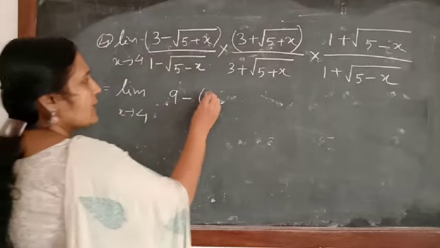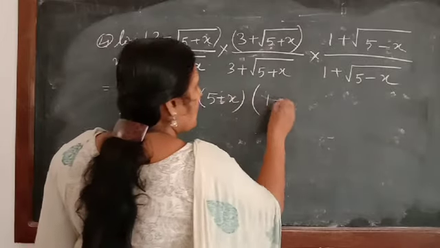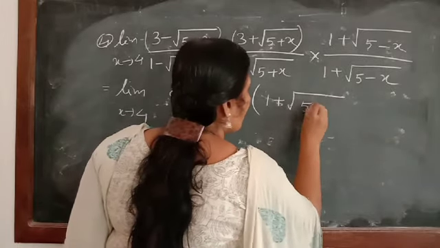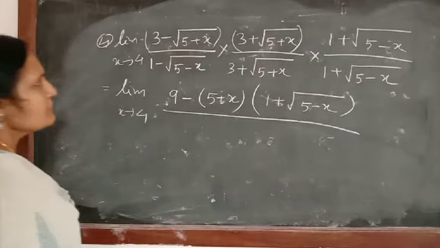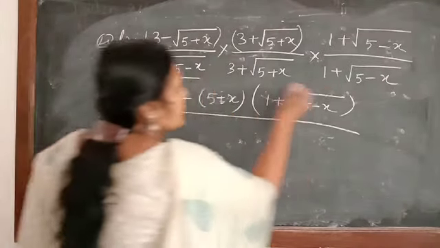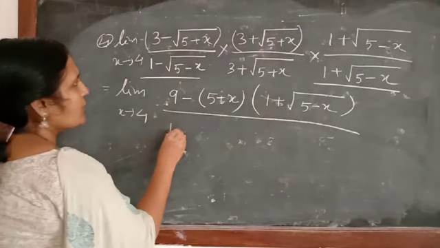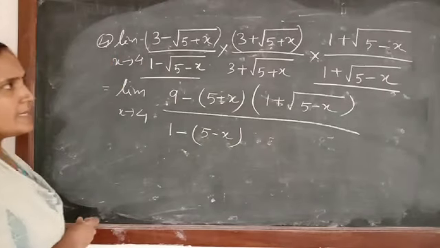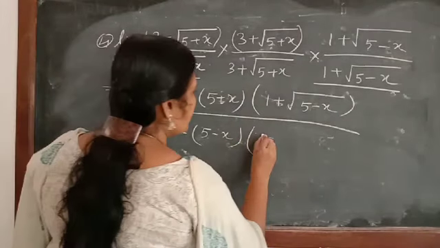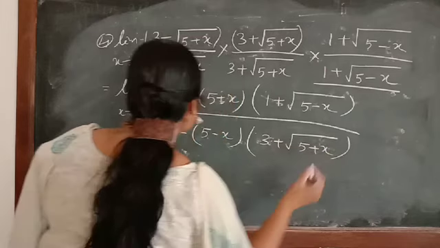Then the square root will get cancelled, we will get there 5 plus x into 1 plus square root of 5 minus x, by, in denominator, which two terms are same? These two. So here we can use the identity. So it will be equal to 1 square, 1 minus, inside the bracket, 5 minus x, and the remaining term is 3 plus square root of 5 plus x.